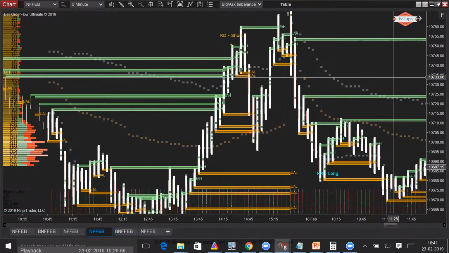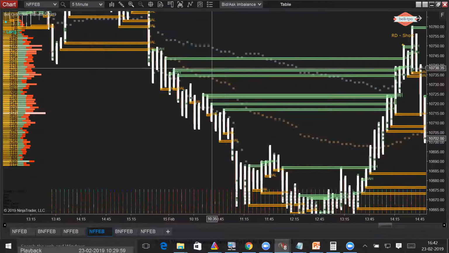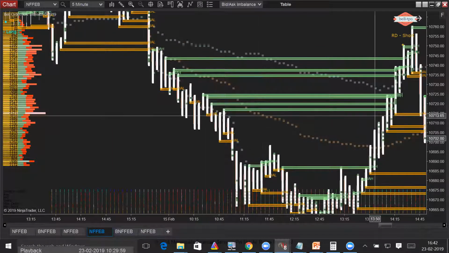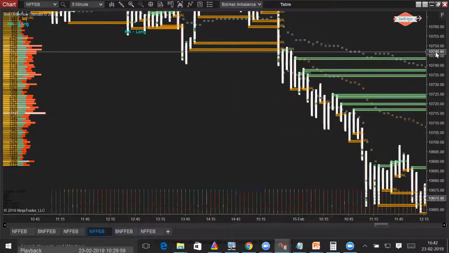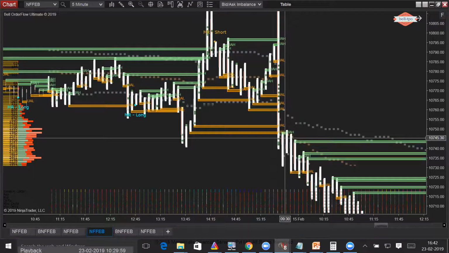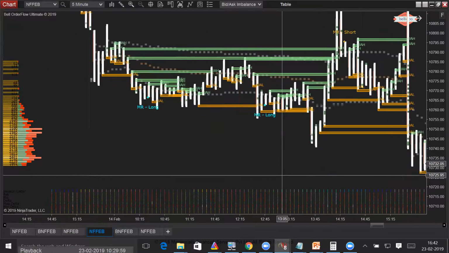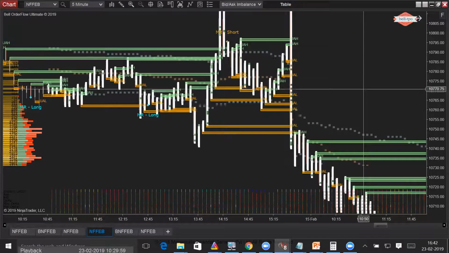All are exponential levels. Again, there are a lot of exponential levels on the side. The greens are the ones which will look for a rally, and the orange lines are the ones which will look for a potential test towards the downside. You can see it beautifully shows most of the levels.